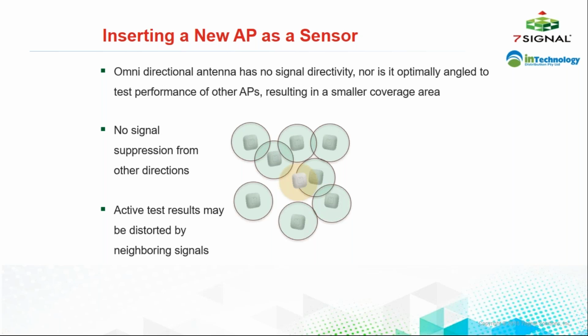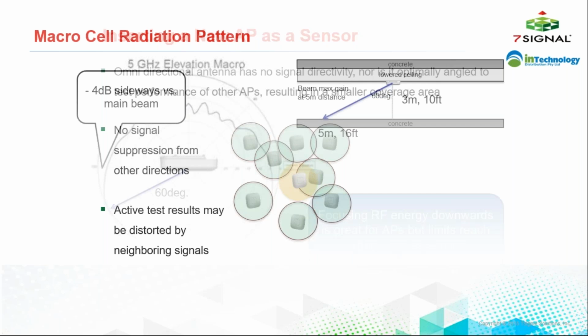As a result, we have a smaller coverage area. To get Wi-Fi performance coverage, you would have to insert many of these access points all over your network. And so what we originally believed to be an economical solution becomes a non-economical, very expensive solution quite quickly.